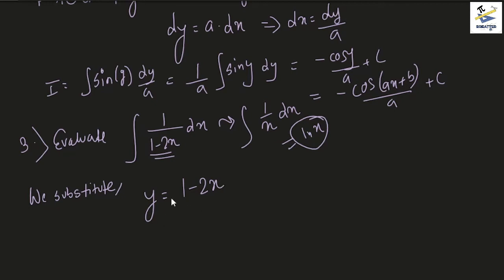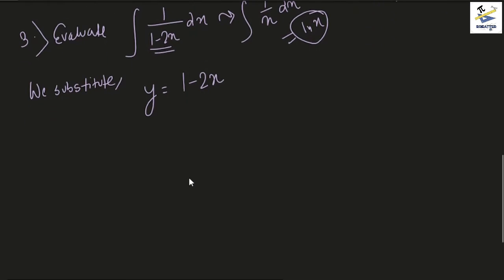Now y equals 1 minus 2x would give us a pretty easy way to evaluate this integral, because when you differentiate both sides, what you get is dy equals minus 2 dx, right? And this would give you dx equals minus dy by 2.